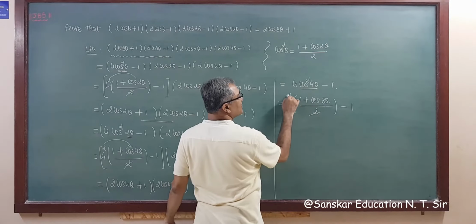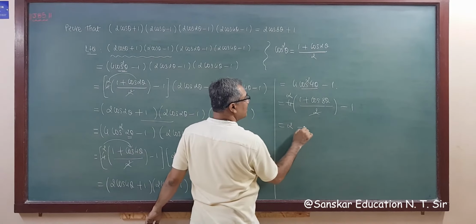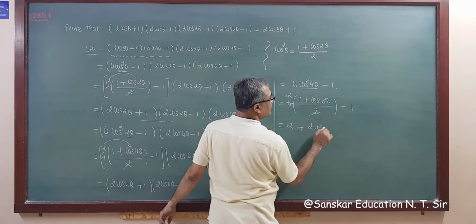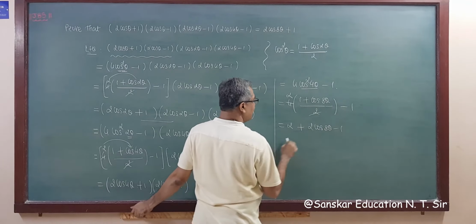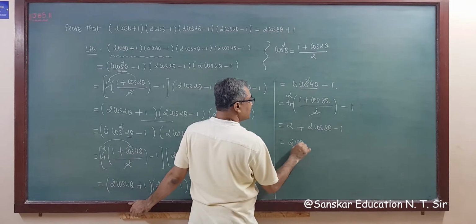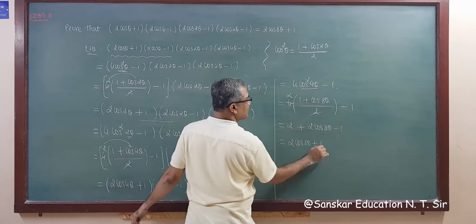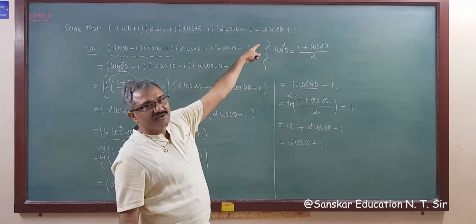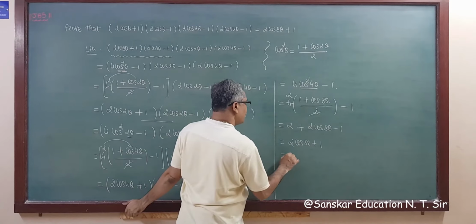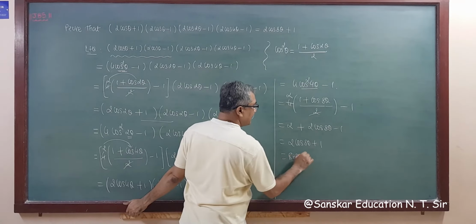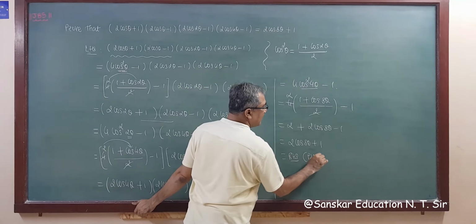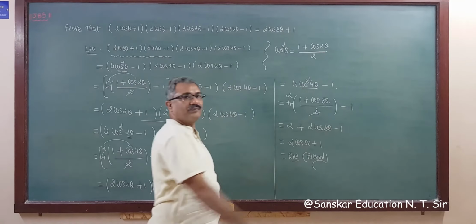Again this will be cut. So this is 2 plus 2 cos 8 theta minus 1, that is 2 cos 8 theta plus 1. And this is nothing but your right hand side. So this is your right hand side. And hence we prove. Got it?